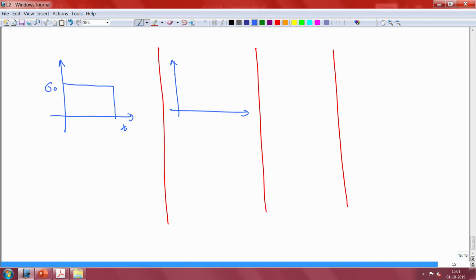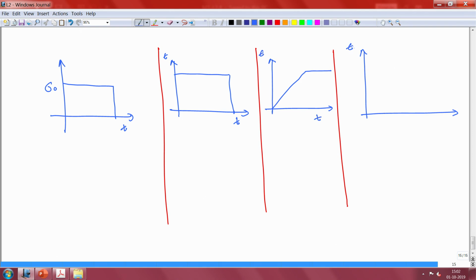So, in this case this is your epsilon t, okay.